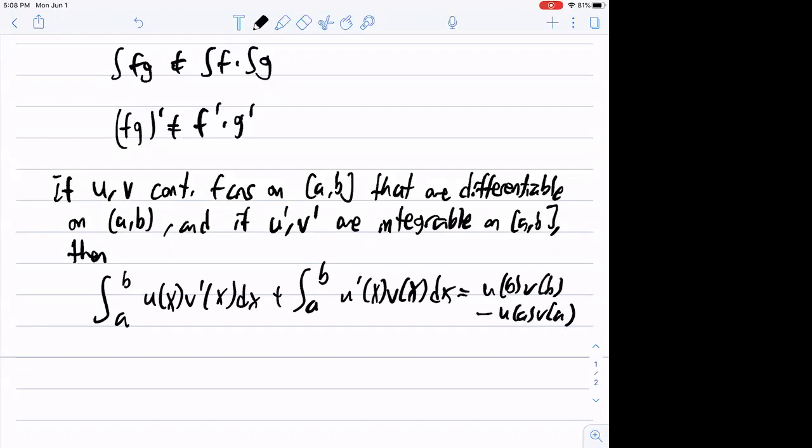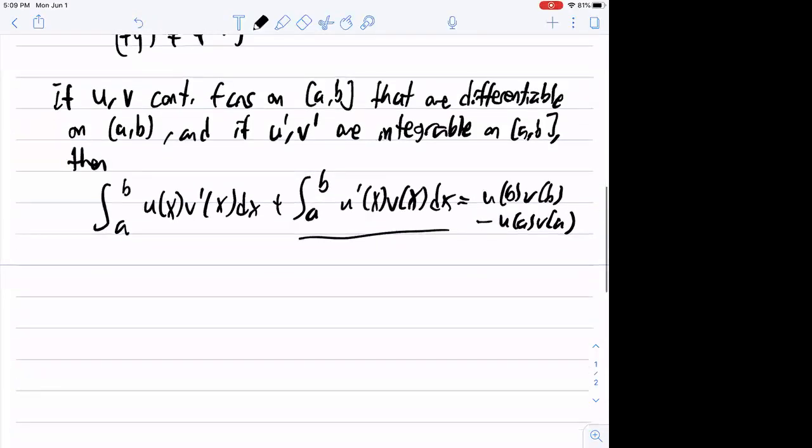Most people are used to this term being on the other side, but it is integration by parts.